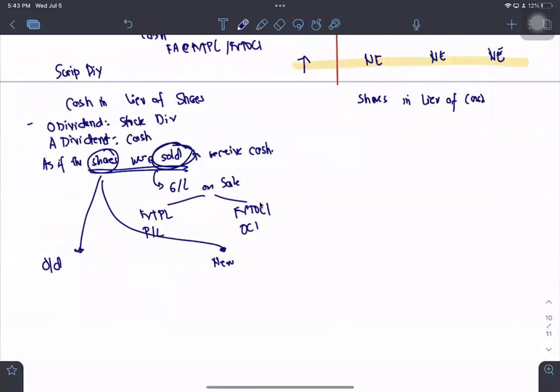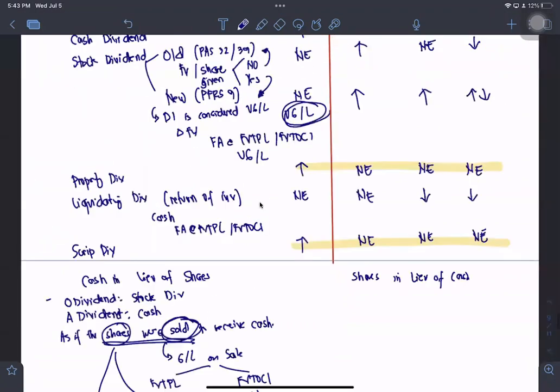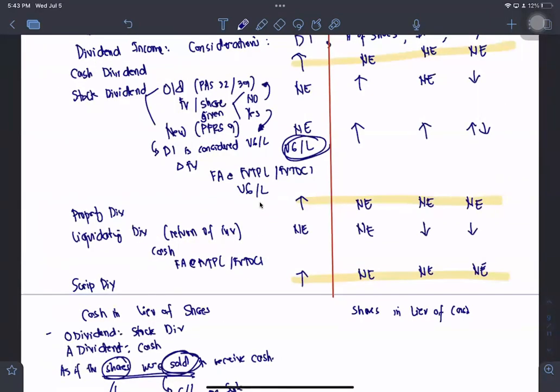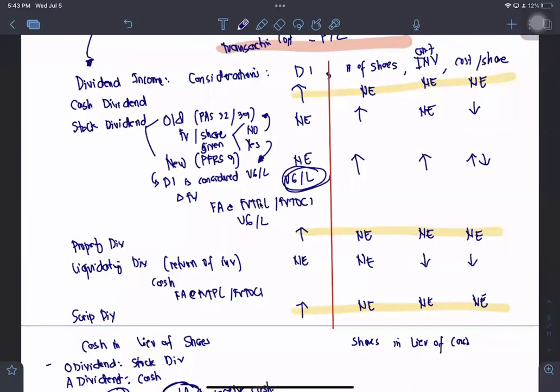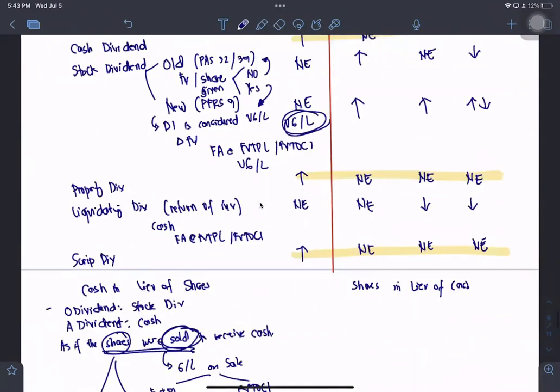Why? Because under the old accounting, there will only be an embedded amount in your investment. If you look at the old accounting, it will only increase the number of shares, but the amount of investment will have no effect. Therefore, there will be a cost per share.